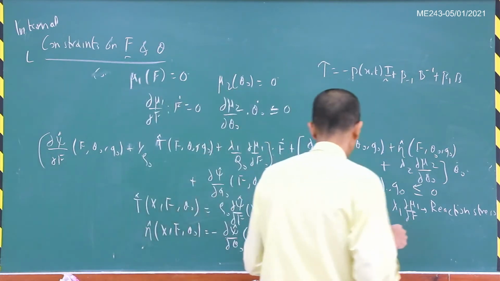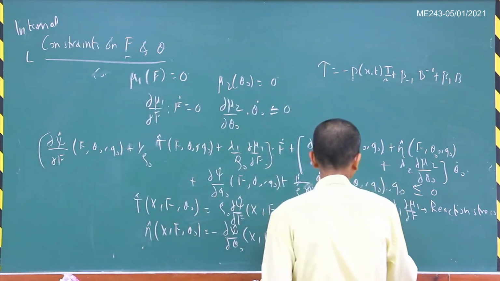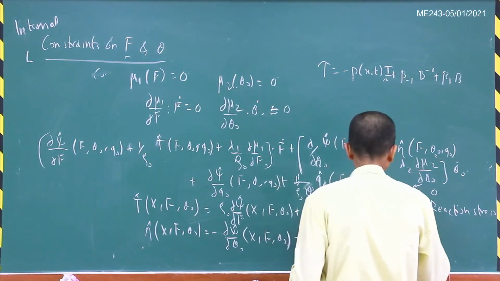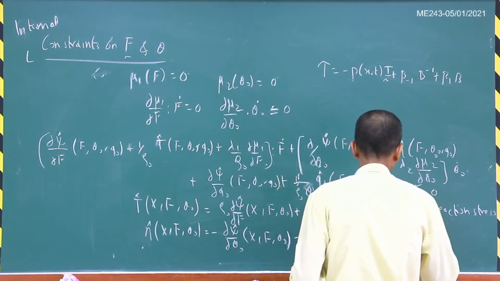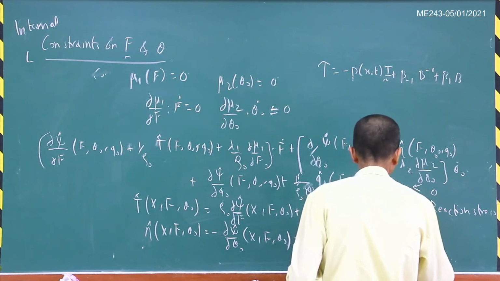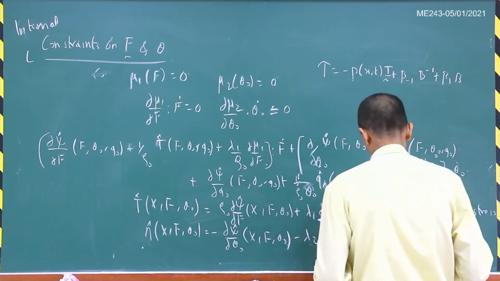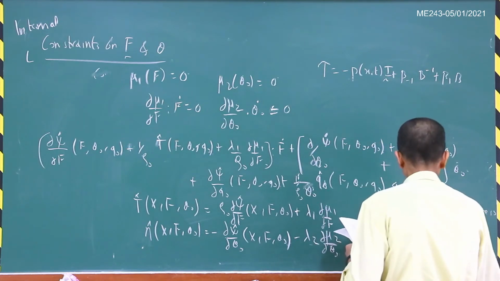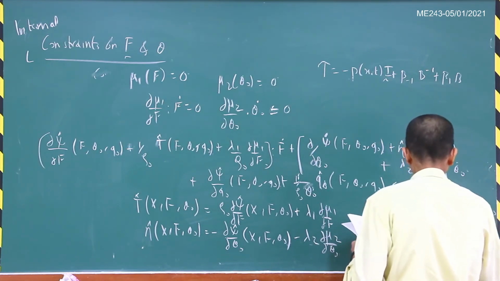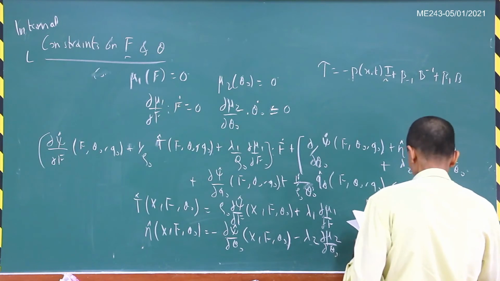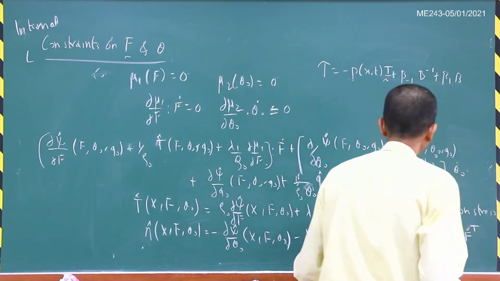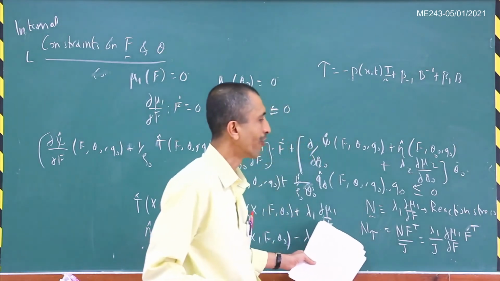So for the n, let us call it as n tau. That is equal to n times F transpose divided by J, and then that will be equal to lambda 1 by J times del mu 1 by del F times F transpose. So this is the reaction stress now for the Cauchy stress.